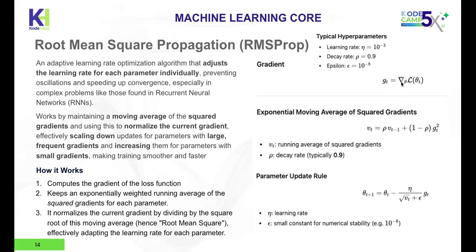You have a loss function calculated at t, then the delta t, which is the gradient. So you just get a gradient. Then you can see this is the exponential moving average of the squared gradient. You have a parameter here, which is phi. Phi is the decay, a value that determines how much the previous gradients affect the current one.